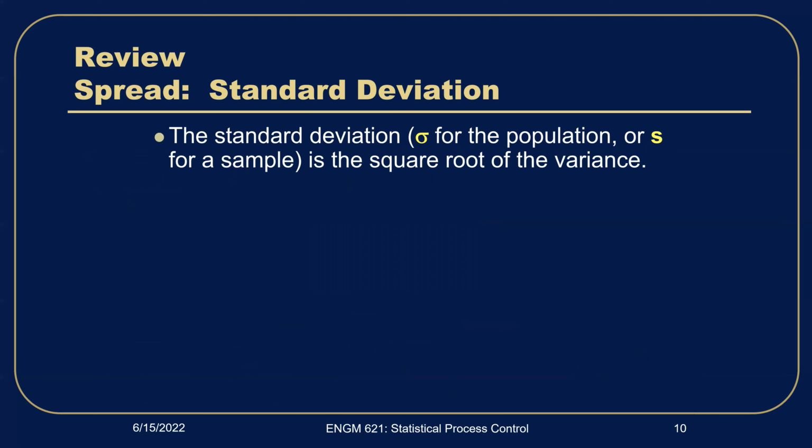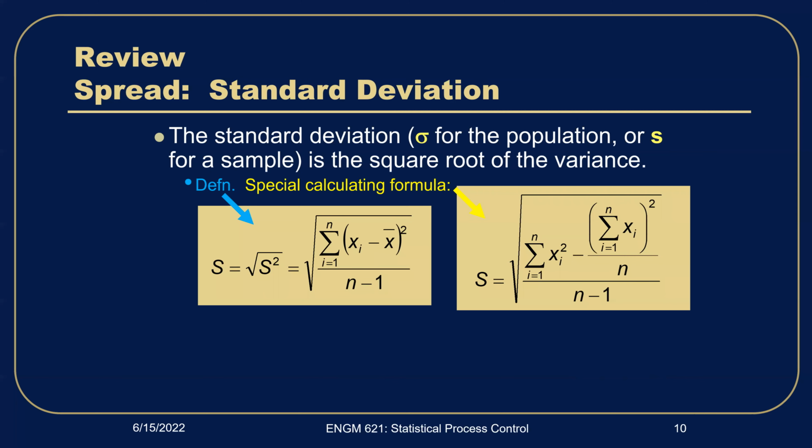Therefore, sometimes we use standard deviation instead of variance. Standard deviation is the square root of variance, so its unit is the same as the unit of the variable. Again, we use sigma to represent the standard deviation of the whole population, and we use S as the sample standard deviation. The equation either looks like this on the left or looks like this on the right.